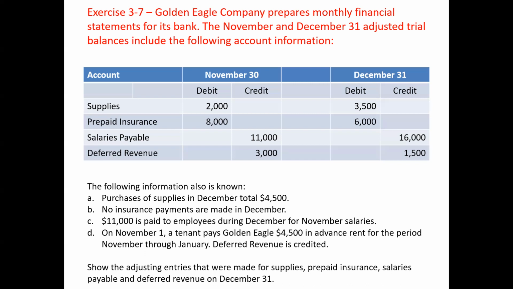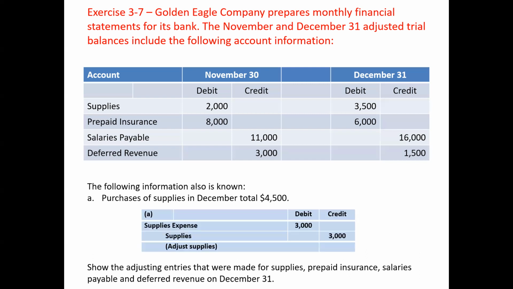I'm showing prepaid insurance. We paid upfront $8,000 at the beginning of this month. But by the end of the month, we only have 6,000 remaining. What journal entry did we do for it to go from 8 to 6? We had to have credited this asset by $2,000, right?